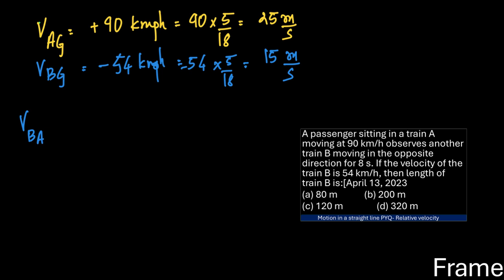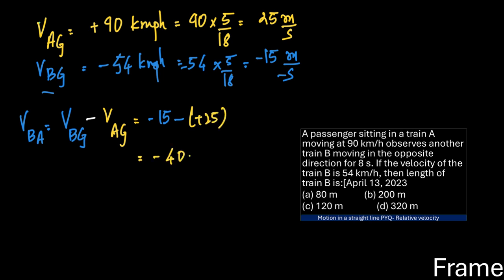It will be equal to the velocity of B with respect to ground minus the velocity of A with respect to ground, which is, sorry, my bad, VBG is minus 15, minus plus 25, which is equal to minus 40 meter per second.